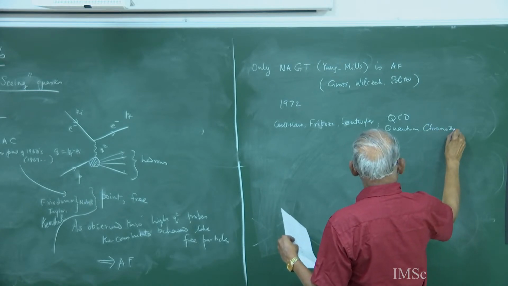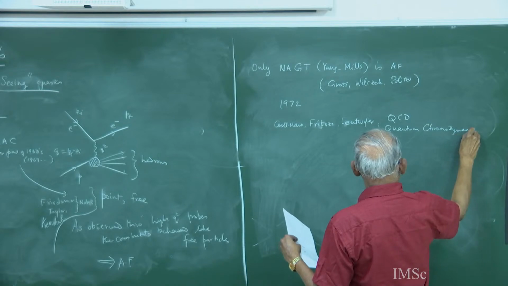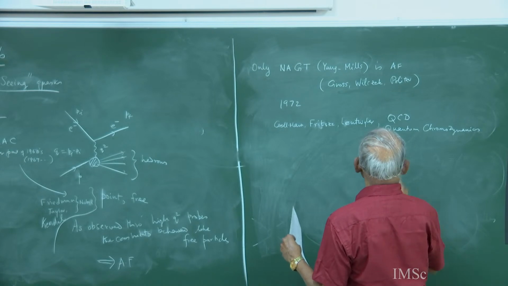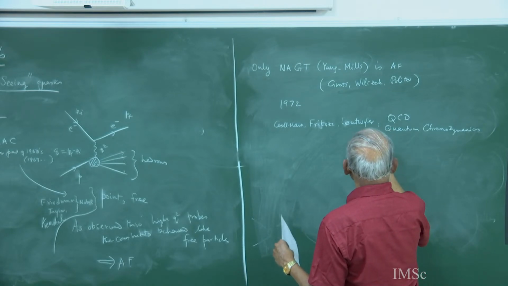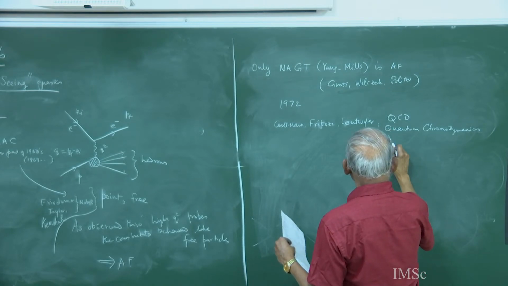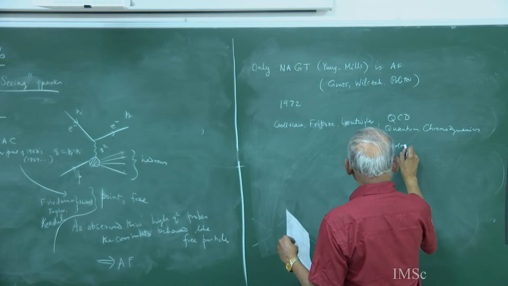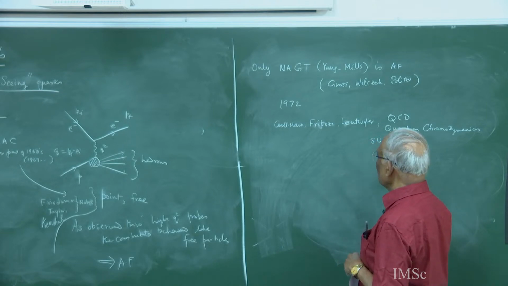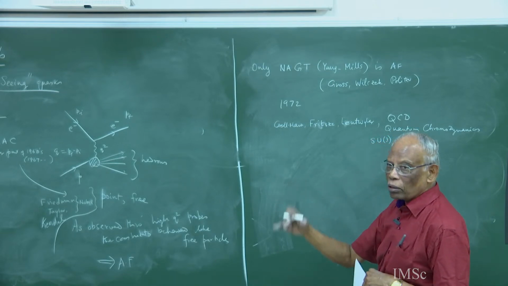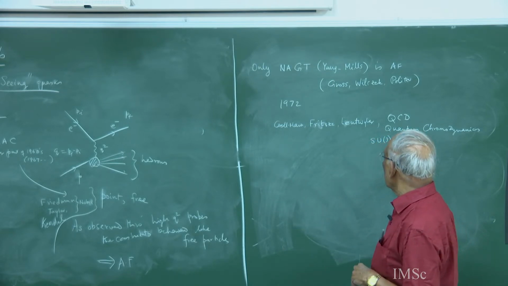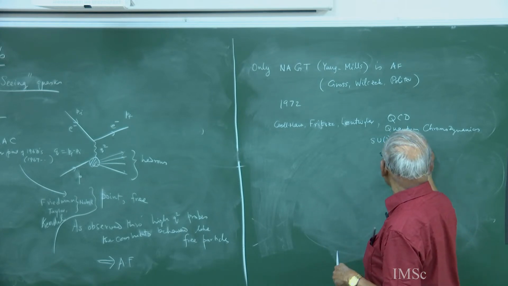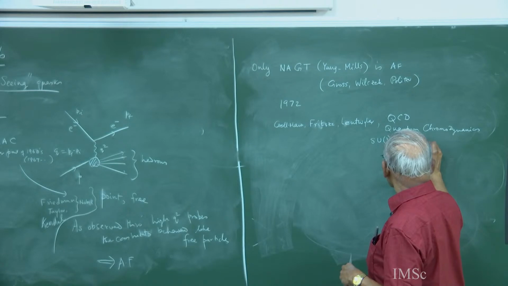That became the theory of strong interactions. SU3 color, to distinguish from the SU3 I talked about earlier, which operates on U, D, S, the 3 light quarks, that is called SU3 flavor, and this is SU3 color, gauge theory, and it has to be a gauge theory.